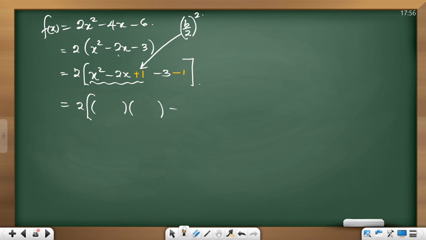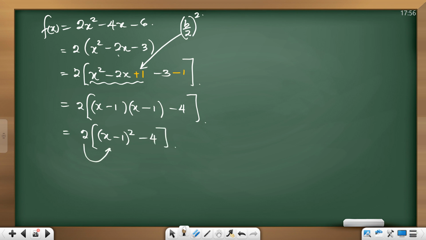If we open 2 bracket, x minus 1. Does that make sense? I'm done factorizing. What do you notice? There are 2 of them. So what should we write? This was why I said create the template.